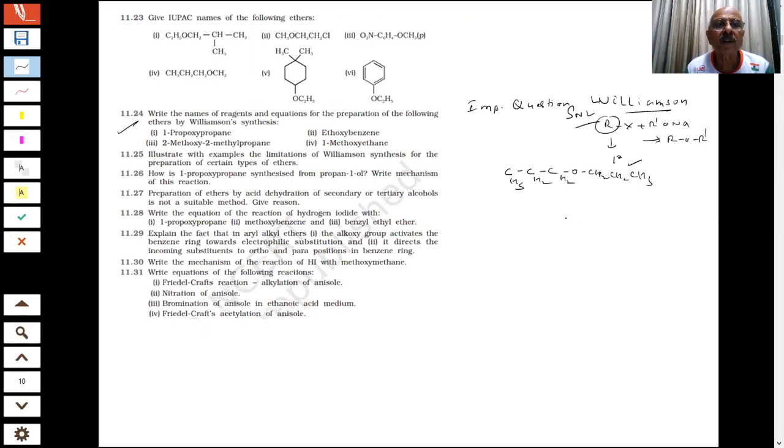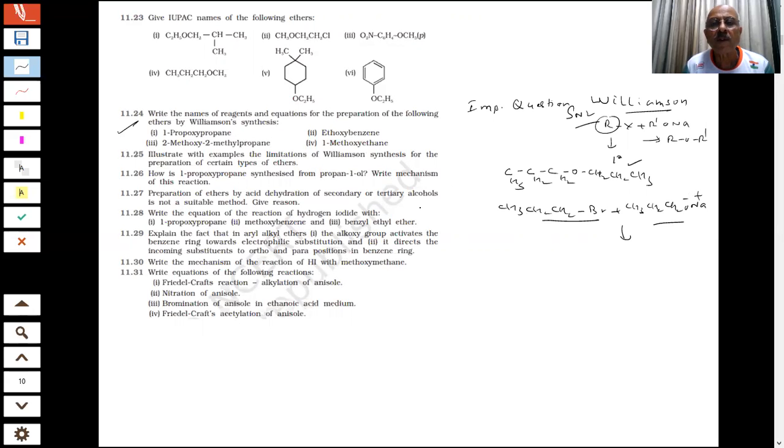If you want to prepare this, there is no problem because alkyl halide you can use CH3CH2CH2Br, and then you can use CH3CH2CH2O minus Na plus. So what will you get? This one. This is 1 degree, no problem here.